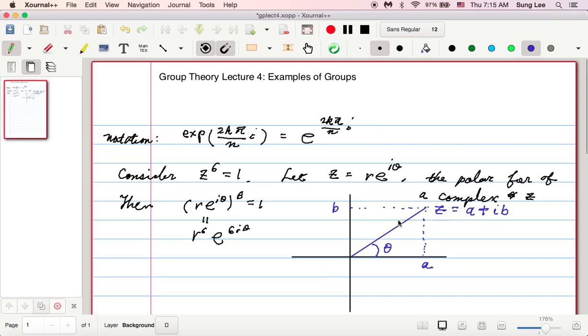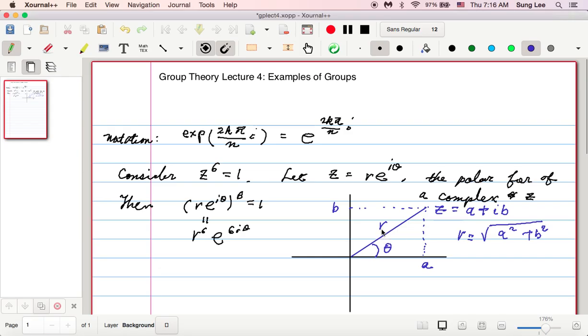The length of z, let's call it r, is found by the Pythagorean law: the square root of a squared plus b squared.